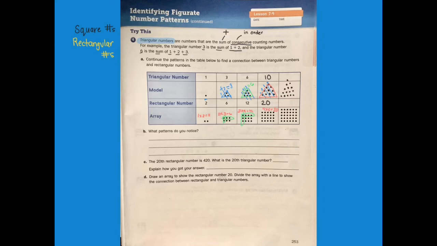I see a beautiful triangle. This looks great. It's a little crooked, but it still works, and it still shows my pattern that I've been seeing this whole time. Let me break it down for you again. If I've split this up into little rows like I've done, I've got 1 plus 2 plus 3 plus 4 plus 5. And it makes my little triangle shape here.